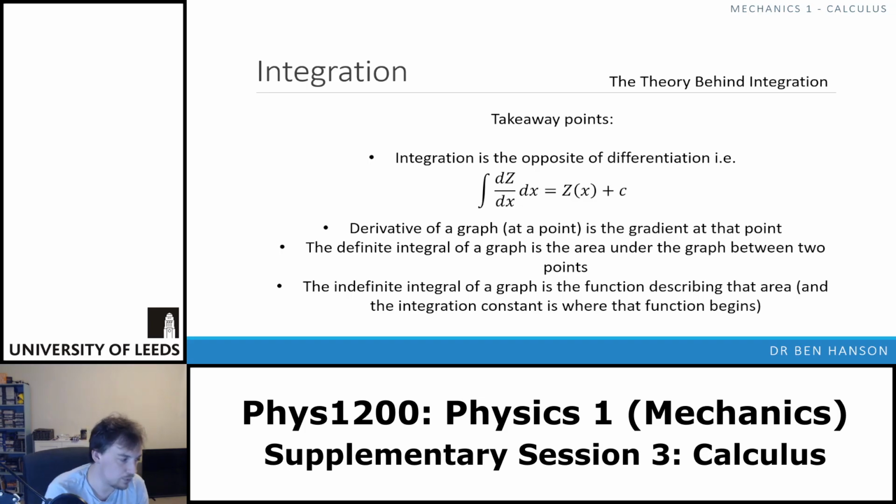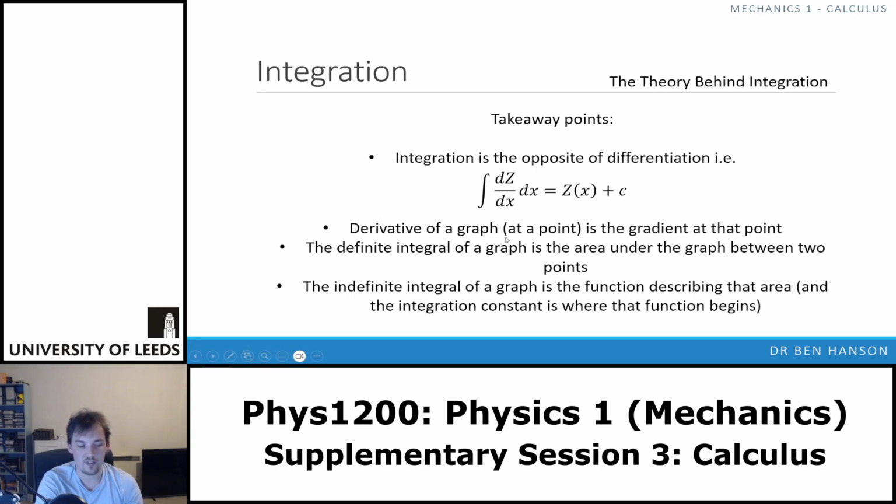It's not as simple as just taking the average velocity and timesing it by time. What I need to do is integrate, get the cumulative effect of all of those rates of change. That's what we're going to do in lecture 1 of the mechanics course.